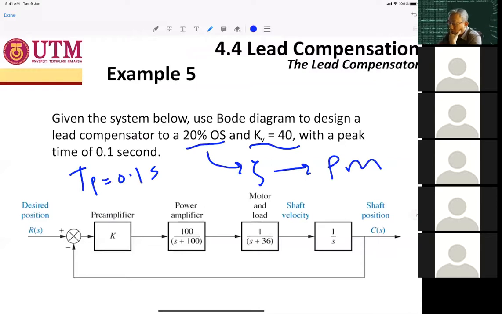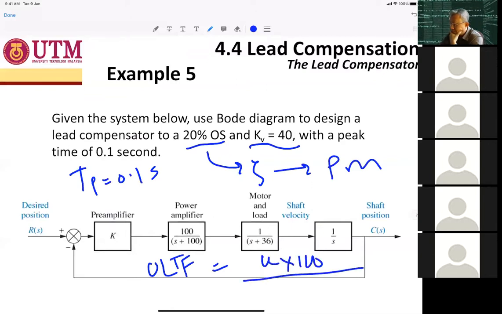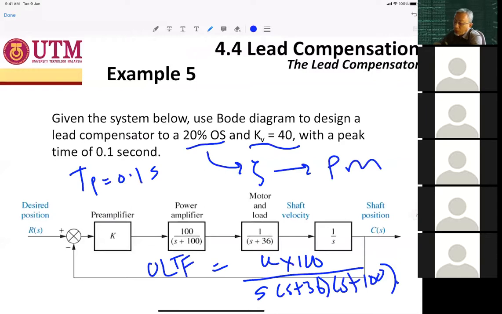The open loop transfer function based on the block diagram is K times 100. This is the open loop transfer function.